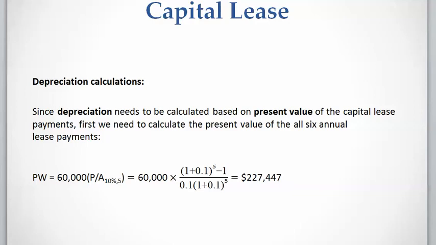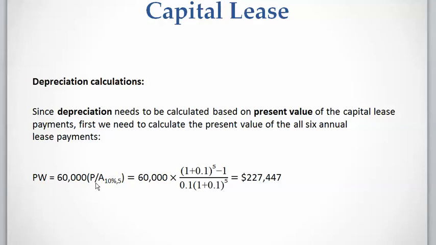So the first step in evaluating a project with capital lease is calculating the present value of all capital lease payments. We have 5 capital lease payments from year 1 to year 5, and the lease interest is going to be 10%.